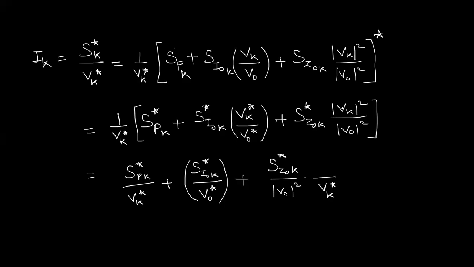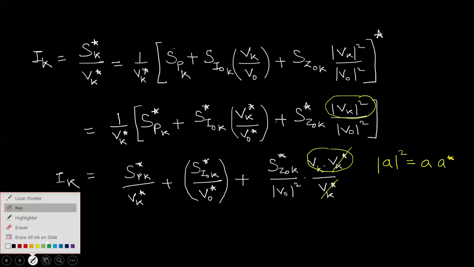That quantity can be represented as vk into vk conjugate, by a simple complex algebra rule, because any complex number squared in magnitude is basically a into a conjugate. So here we can cancel out this term and that term. So ultimately, this is the equation.